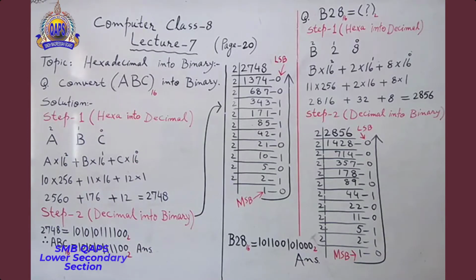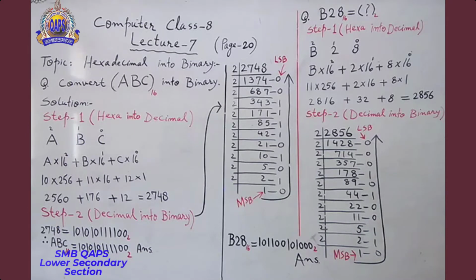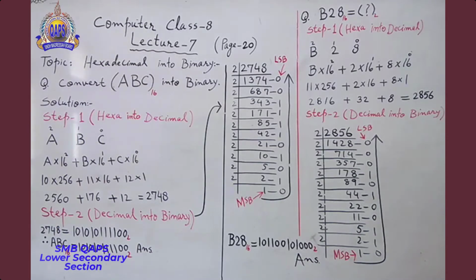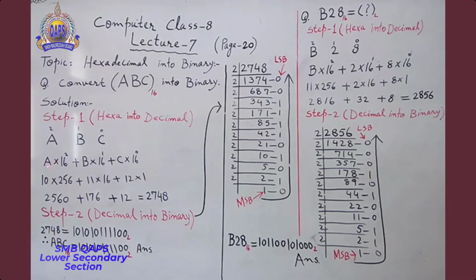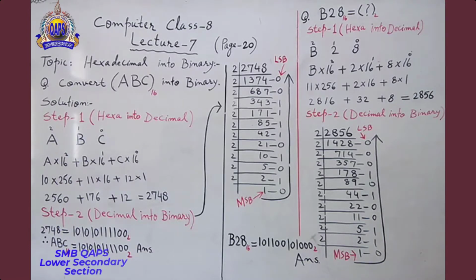I hope you understand that. Now, next, A. Instead of A, I will write 10. Understand? Why? Because in hexa, A is equal to 10, B is equal to 11. I am writing it over here now again.